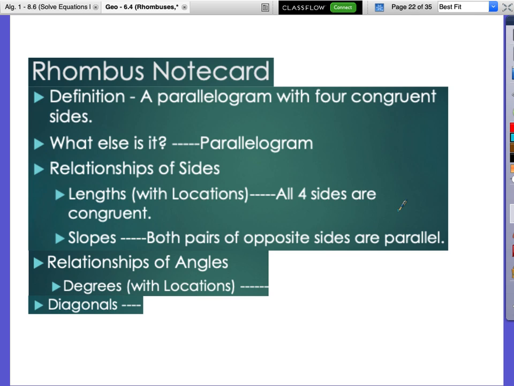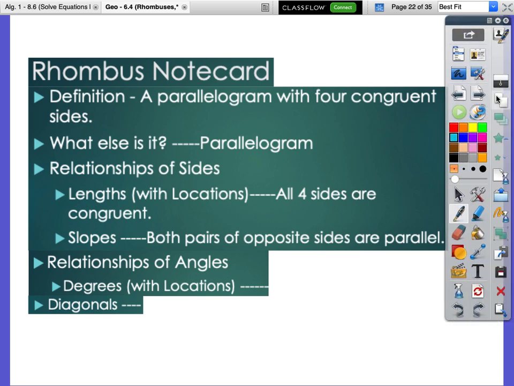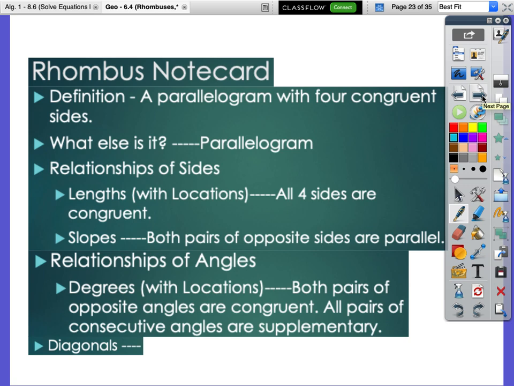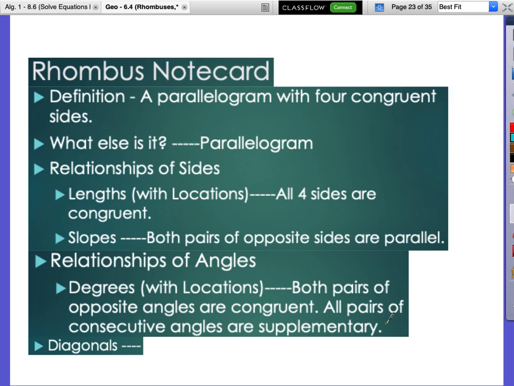Okay, what do we know about the angles? Not necessarily. So this one is just going to be like our parallelogram. Both pairs of opposite angles are congruent. And then additionally, we know any pairs of consecutive angles are supplementary. I can't write all that. Okay, well, easy to shorten it down.